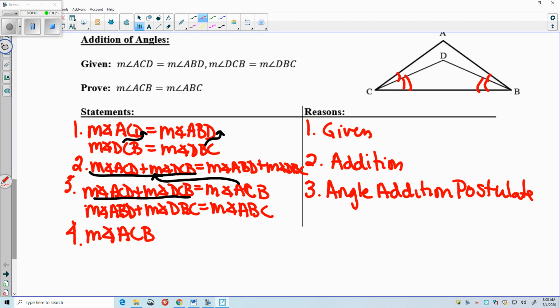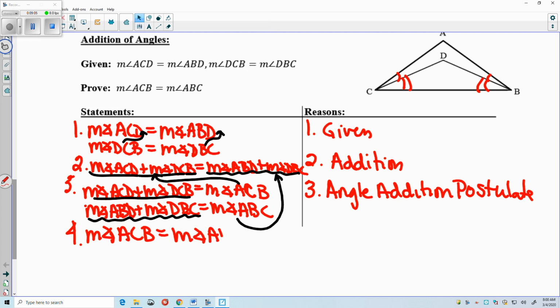So all I did was I replaced this information up here with what I know it's equal to. I'm going to do the same thing on the other side. So I'm going to take this information, which is the same as this information, and I'm going to replace what I know it's equal to. So I can say that equals angle ABC. And again, all we did here was a substitution.